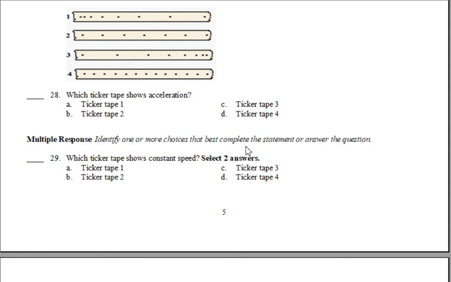Number 29 is a multiple response, so you need to make sure that you select 2 answers. Which ticker tape shows constant speed? 2 answers you need to select on your answer sheet. Is it A, ticker tape 1, B, ticker tape 2, C, ticker tape 3, or D, ticker tape 4?